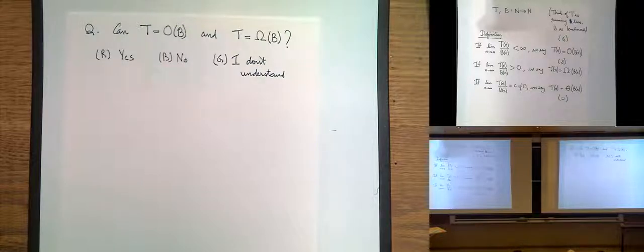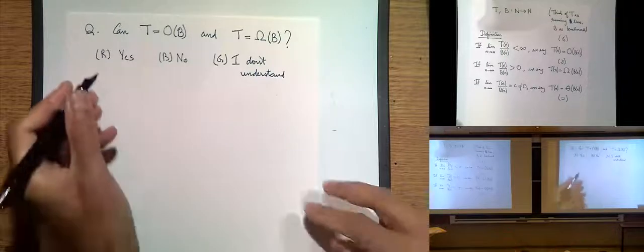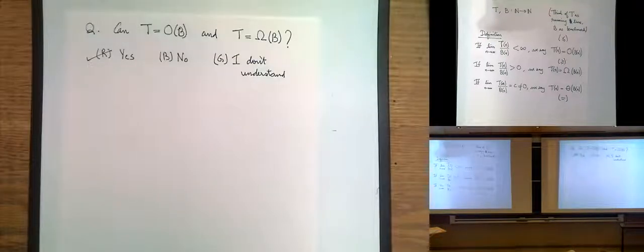Okay, so what's the answer? There are some people who might be a little confused. The answer is yes, it can be. But anyone who's confused should pause and maybe ask me what their confusion is, if they can articulate it.